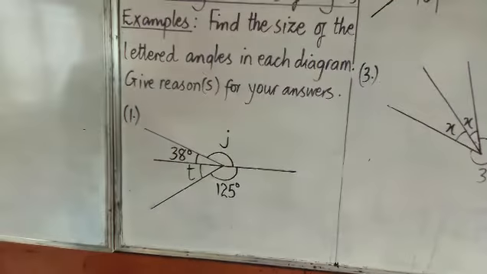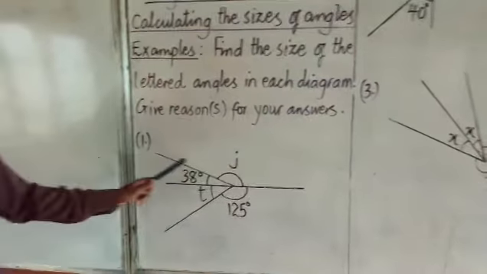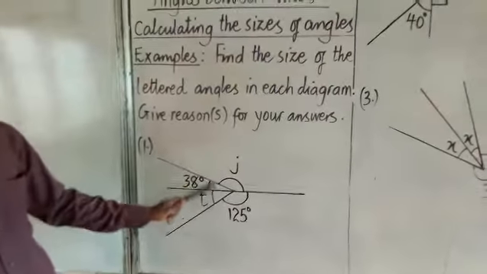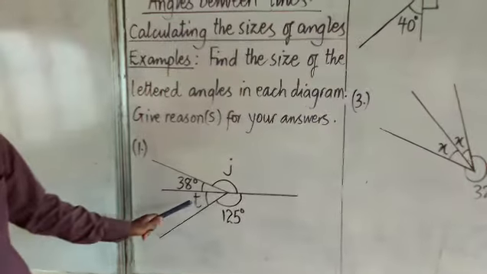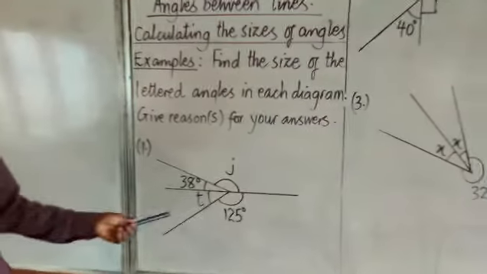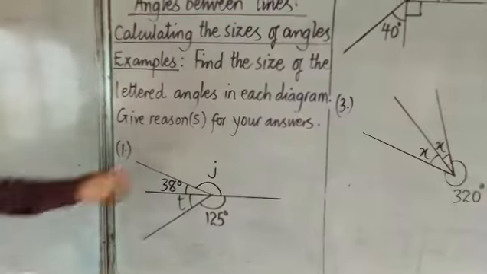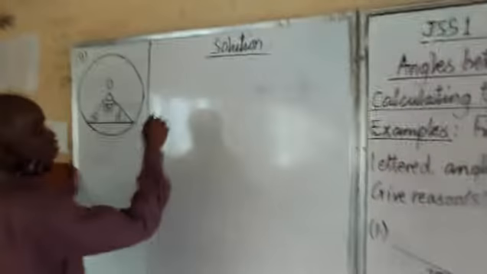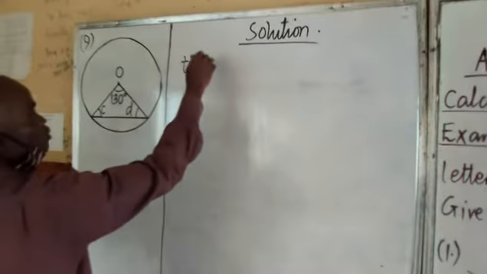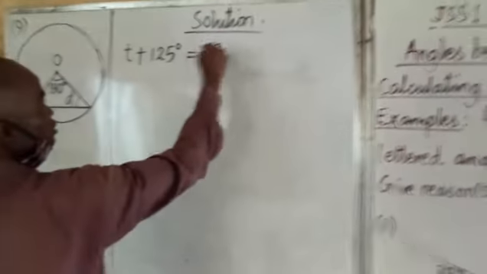We have the diagram. We are required to find the size of the lettered angles, that is, the angles represented with letters. In the first one, we have letters J and T. You can calculate either T first or J, depending on how you wish to start. Let's calculate T first. T plus 125 degrees is equal to 180 degrees.